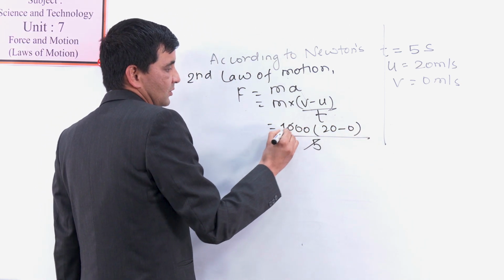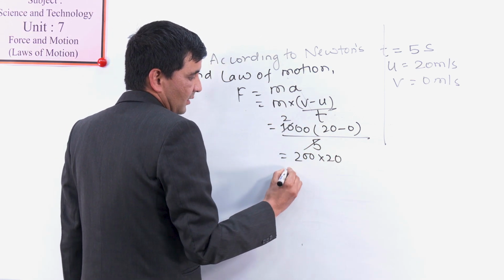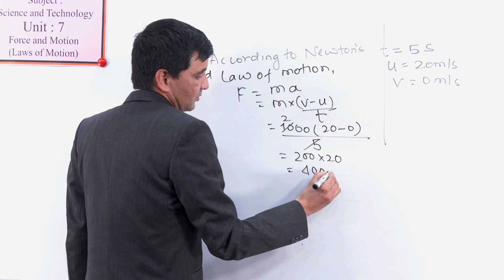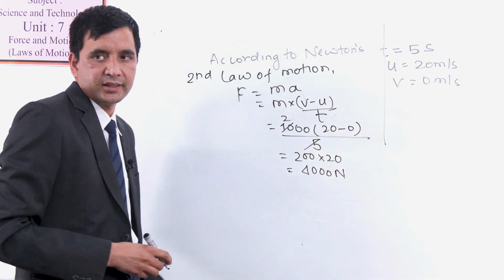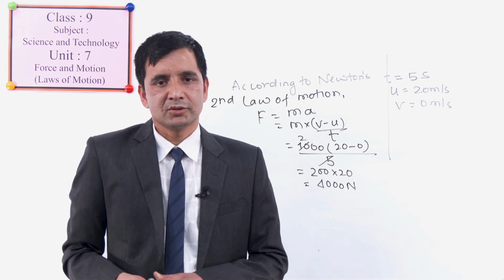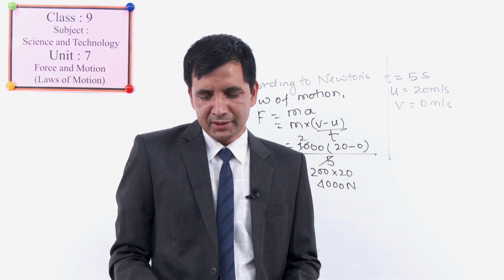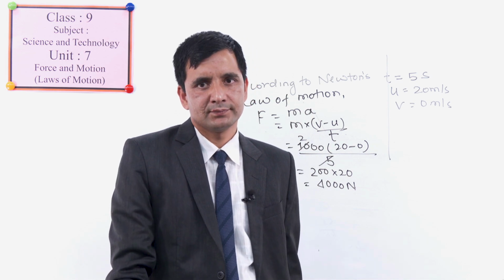So, 5 2s are 10. So, 200 into 20, 2 2s are 4000 Newton. This retarding force is required to stop the car. Okay. So, in this way, students, we can practice the numericals given in the exercise section of your book.